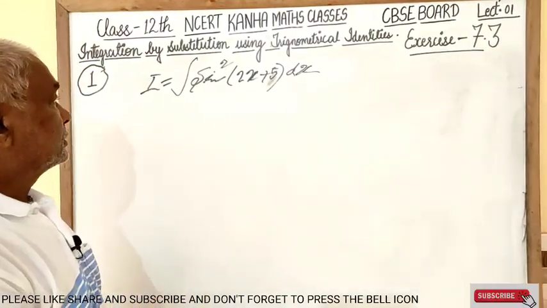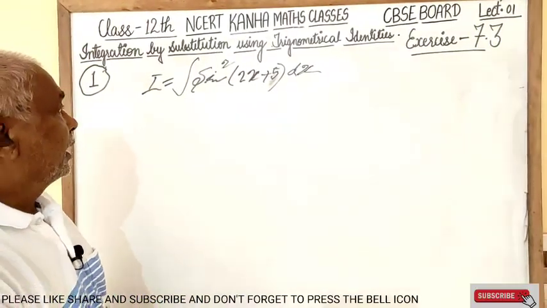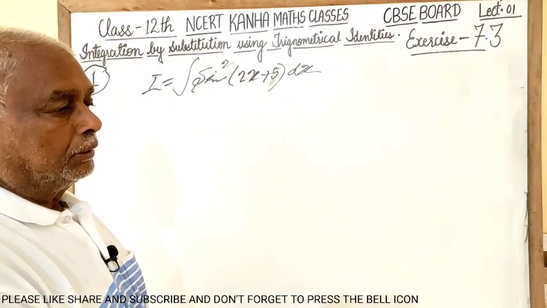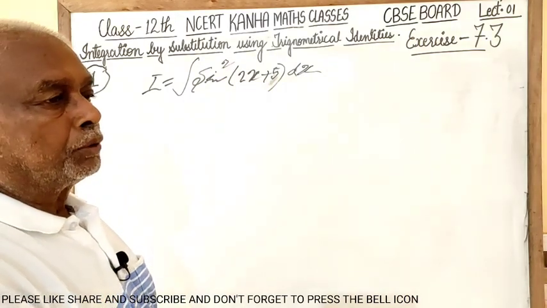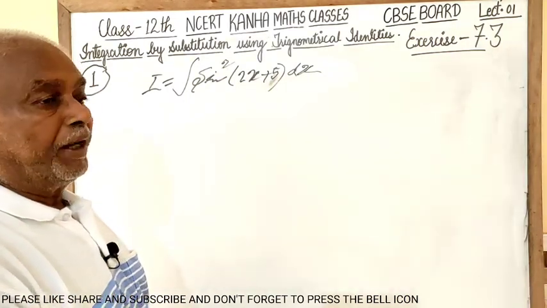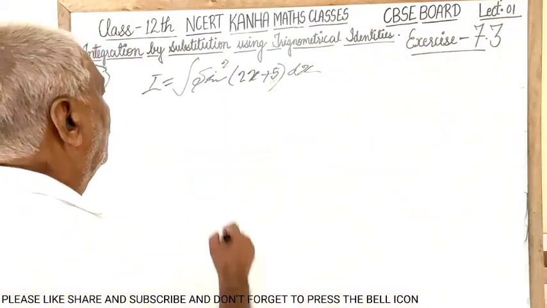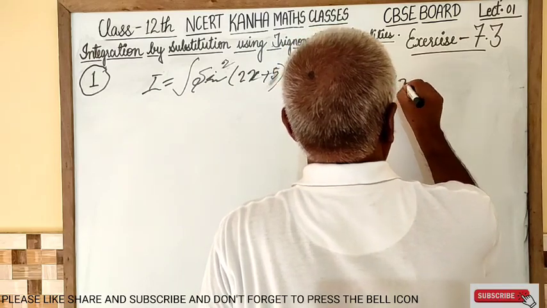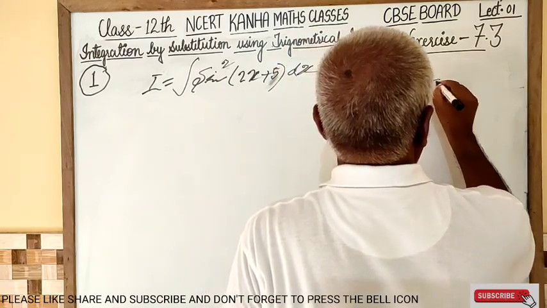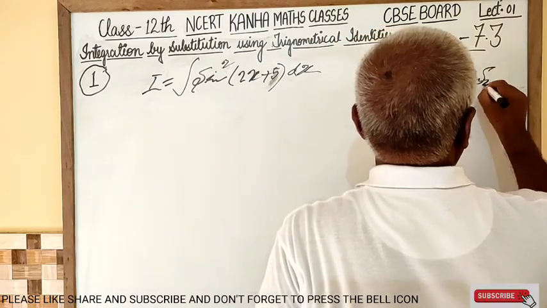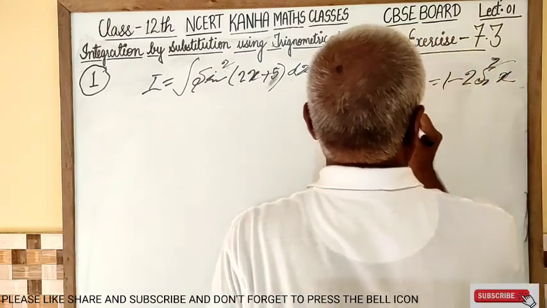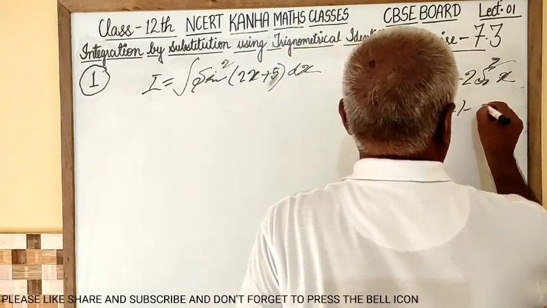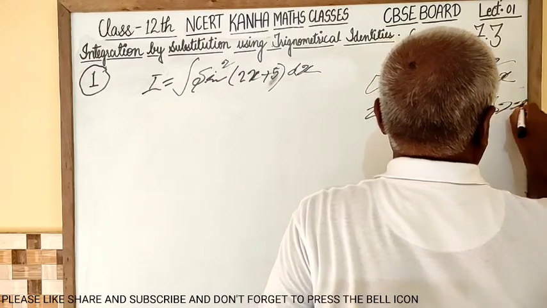Here we obviously see that we will utilize the identities of cos 2x, and cos 2x will be equal to 1 minus 2 sin square x. So cos 2x is equal to 1 minus 2 sin square x, or 2 sin square x is equal to 1 minus cos 2x.